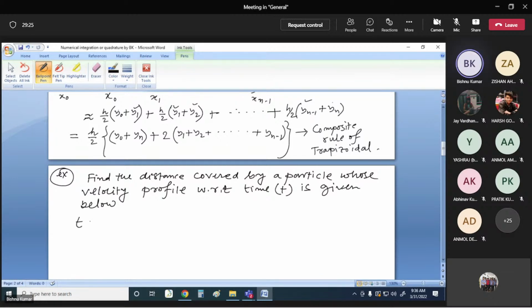Suppose t is in seconds, and v is the velocity profile in meters per second.